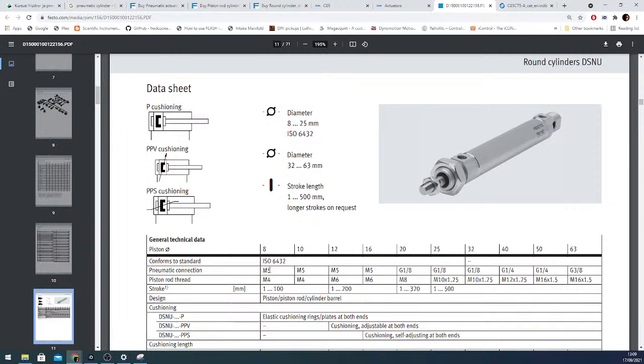So the pneumatic connections range from M5 to 3/8 inch thread. Piston rod threads range from M4 thread to M16 thread. Stroke lengths start from 1 millimeter and go up to half a meter.